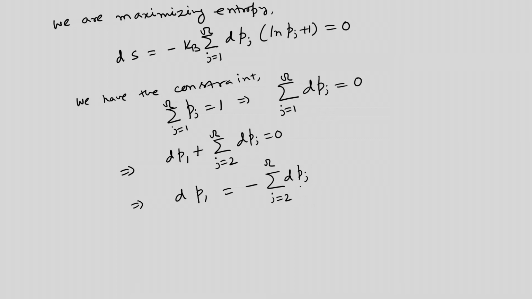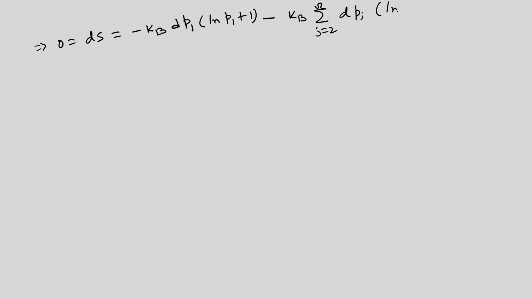Okay. Now if we use this expression, dP1 equals minus sum over j goes from 2 to omega dPj, and apply this relationship into the above expression of ds, we get 0 is ds is minus Kb dP1 times ln P1 plus 1 minus Kb times sum over j goes from 2 to omega dPj times ln Pj plus 1.